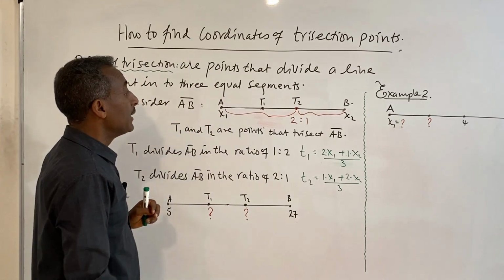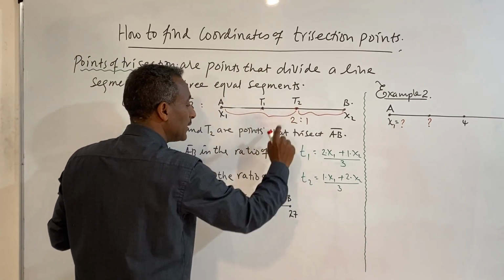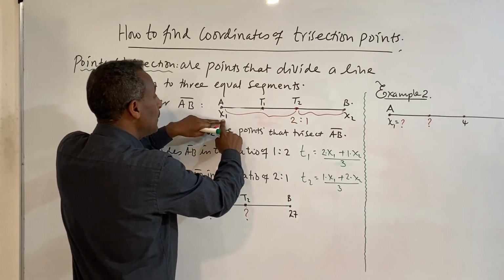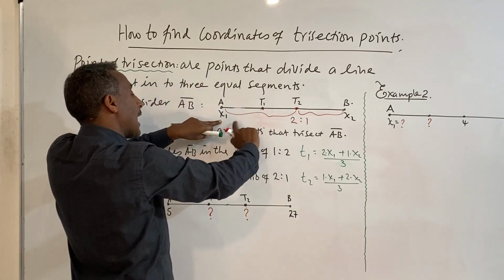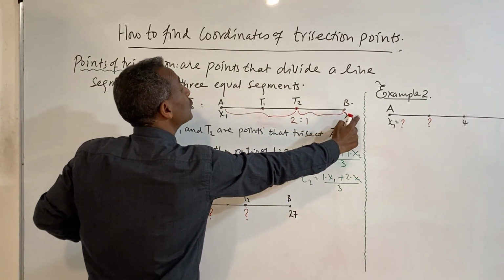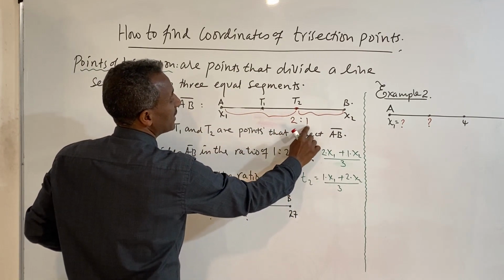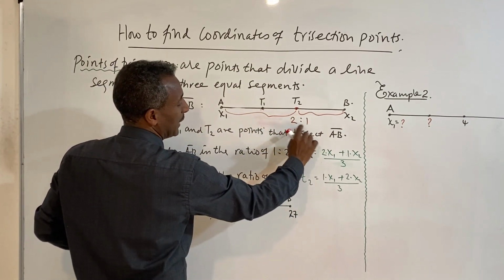So, in order to find the coordinate of this point, we multiply x1 by r2 and x2 by r1 and we add and we divide by the sum of the ratios. 2 plus 1 is 3.